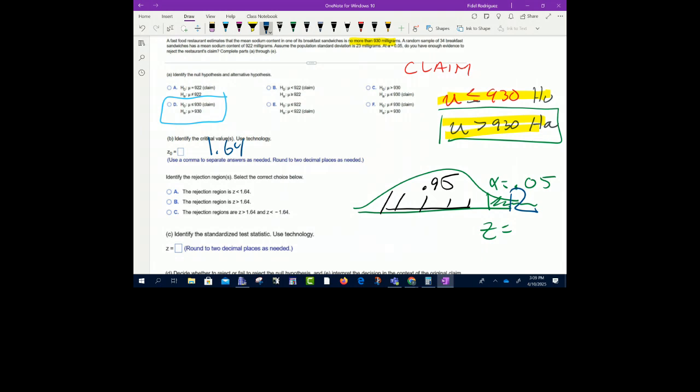That's my rejection region. This is my fail to reject region. Now, because this is a right tail test, the rejection region is going to be the one that points to the right.